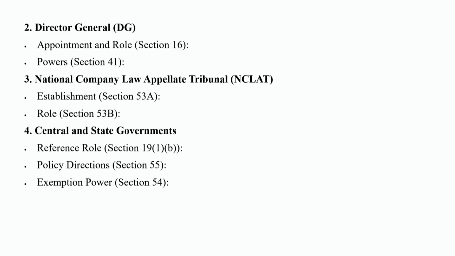For the Director General, we have to see particularly section 16, and the power lies in section 41. We will see the establishment of the National Company Law Appellate Tribunal in section 53A, and its role is given under section 53B, and the reference to the central and state government is particularly given under section 19, 1B, section 55 and section 54.